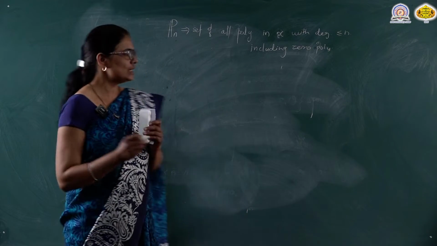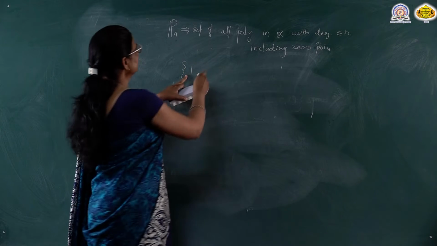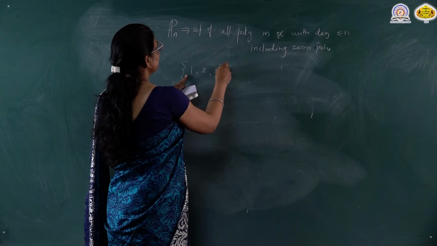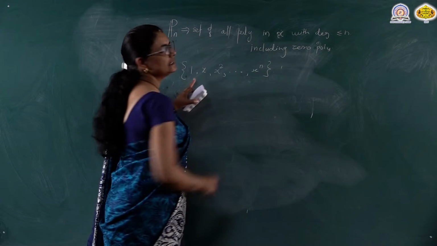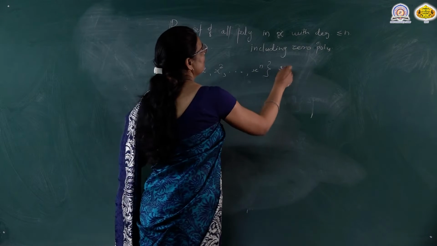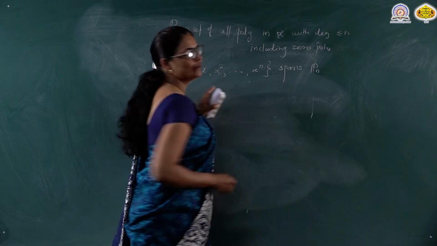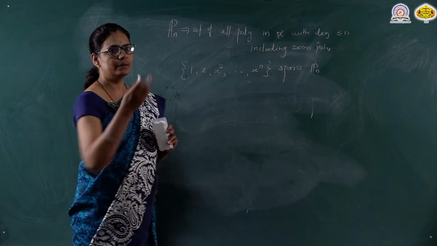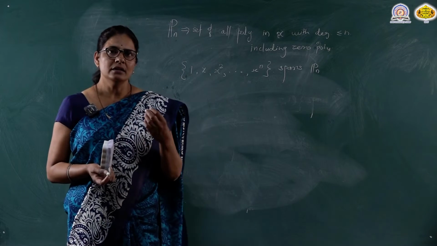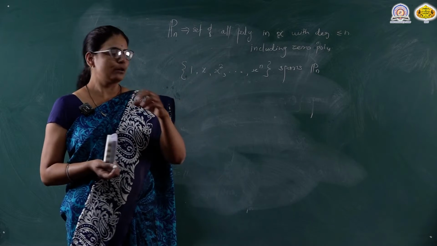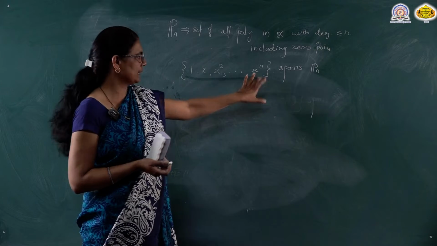So we can easily check that the set containing the vectors 1, x, x square up to x raised to n, this set spans Pn. And now it is easy to check. So for that we consider an arbitrary polynomial in Pn and write that arbitrary polynomial in terms of linear combination of these vectors.